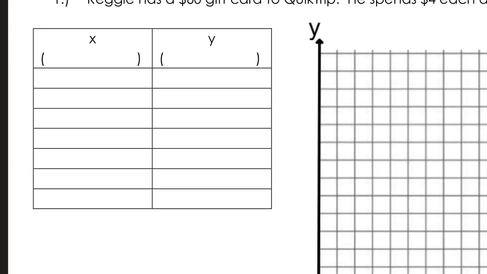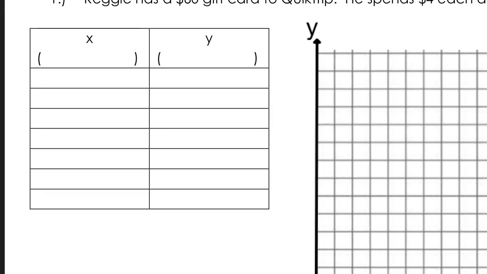So for X, that normally has to do with time. So in this situation, that is our number of days. And our Y is how much money is on the gift card.